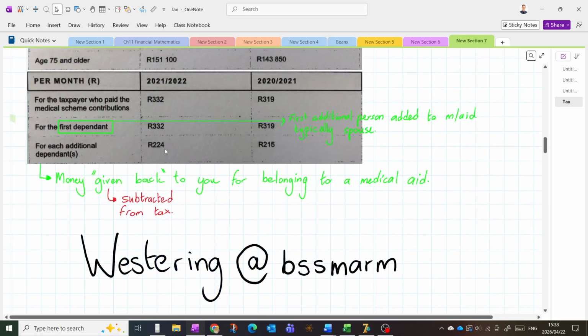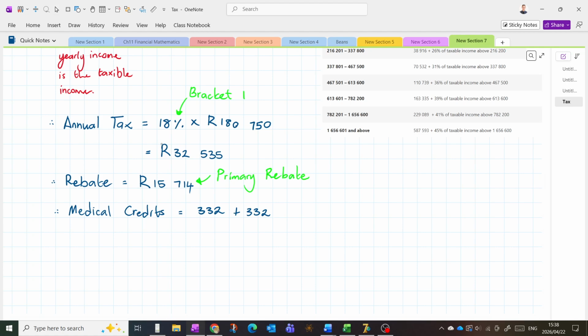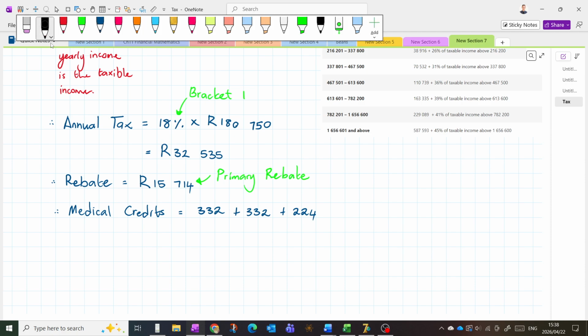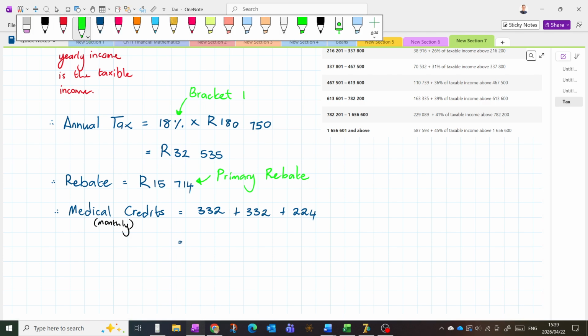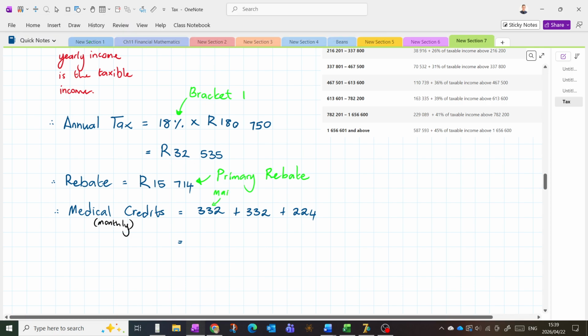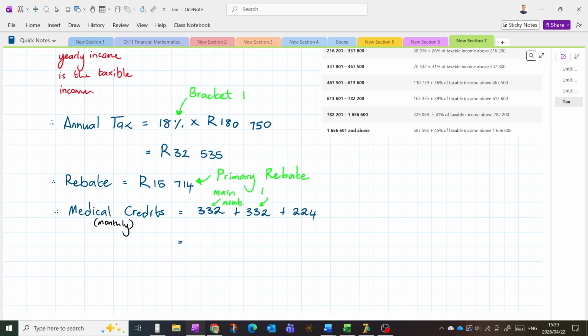And then for the second child, 224 Rand. Now remember, this is monthly. Okay? Just remember this is monthly. So let's see. I'll just again make some notes here. This is her as the main member. This is first dependent. This is additional dependent.